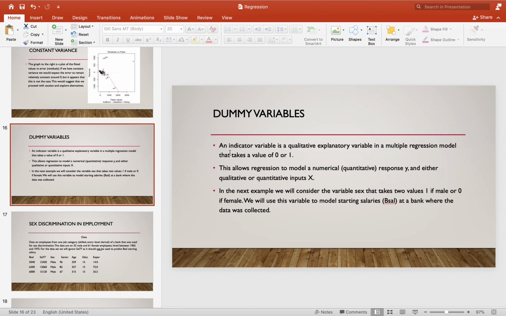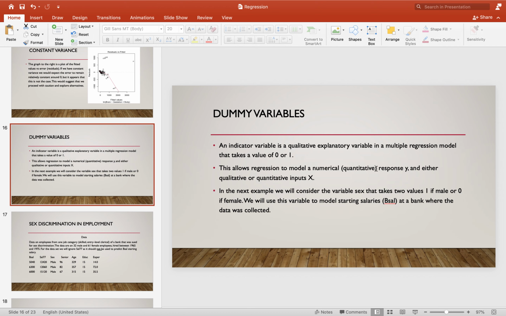However, it doesn't require it just to be one of two values. You can do dummy variables that are more complicated, such as cities, etc. Okay. But for today, I'm just focusing on the two-value case, male or female. Okay.